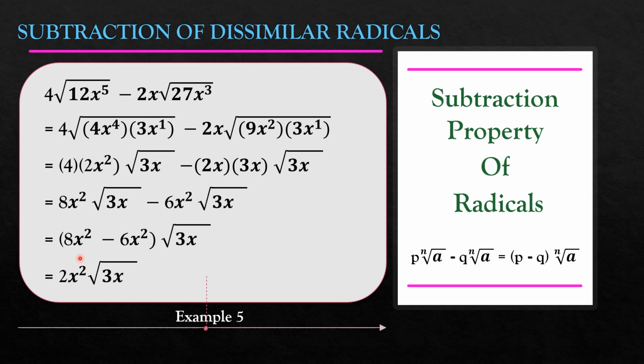Kaya meron tayong 8x squared minus 6x squared dito, and then we copy the common radical, which is square root of 3x. So, 8x squared minus 6x squared is 2x squared. Copy the common radical, square root of 3x. So, the difference of 4 square root of 12x raised to 5 and 2x square root of 27x cubed is 2x squared square root of 3x.